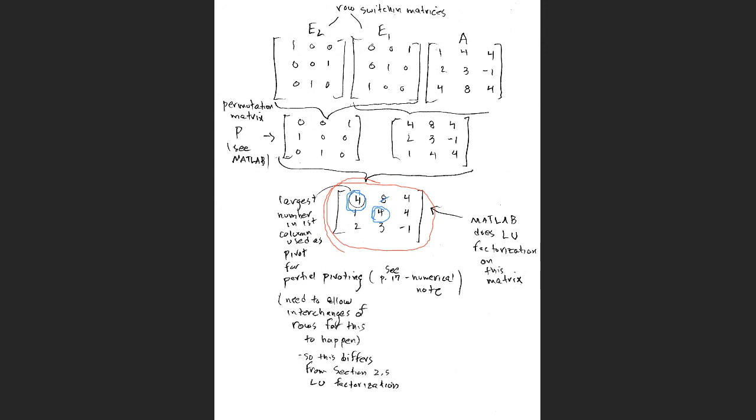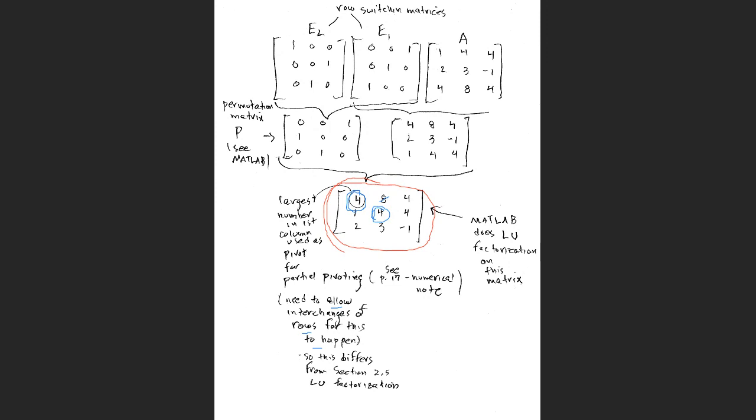So your pivots are where you want them to be, and naturally, you're not going to worry about the last column. So you need to allow interchanges of rows for this to happen.